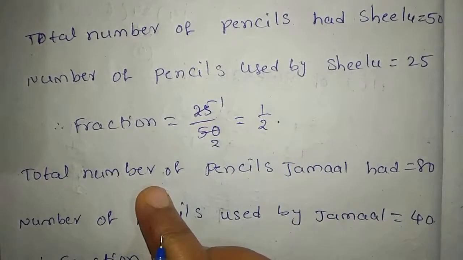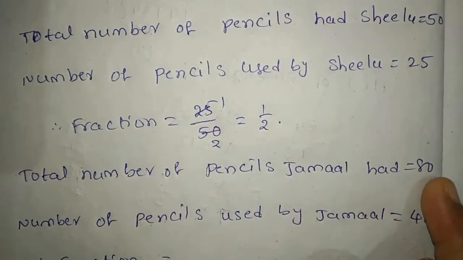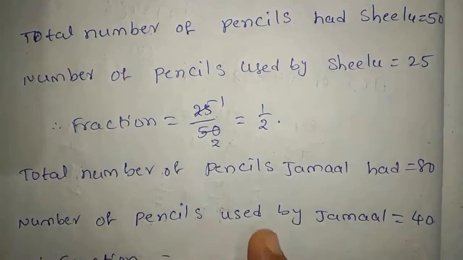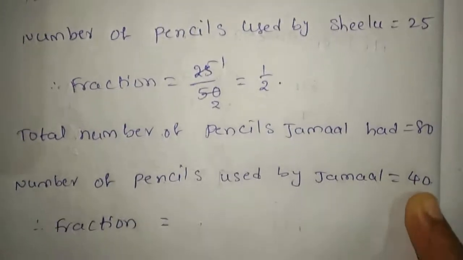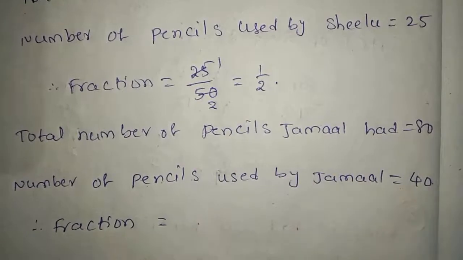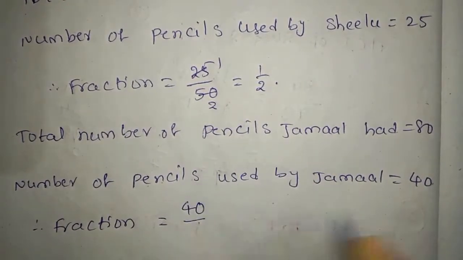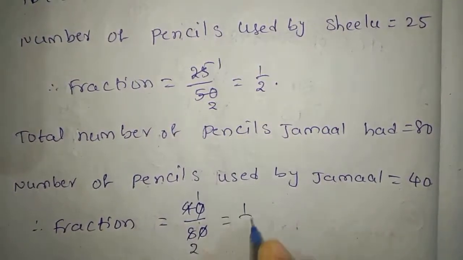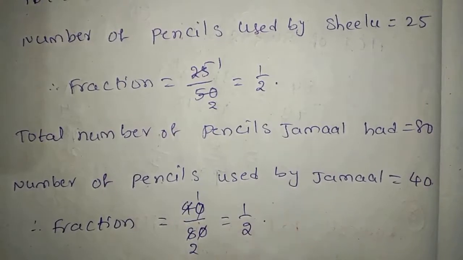Now the total number of pencils Jamal had is 80. After 4 months, pencils used by Jamal is 40. The fraction is 40 by 80. The zeros cancel, 4 ones are 4, 4 twos are 8. That is 1 by 2.